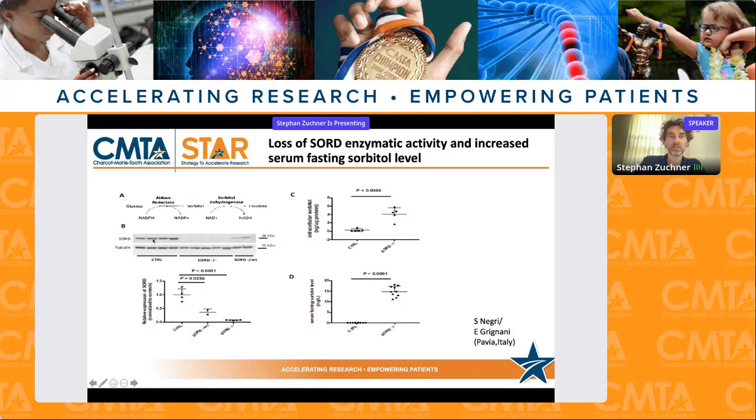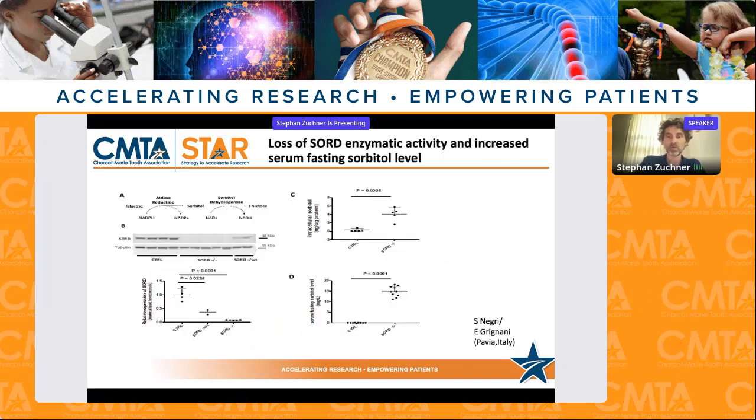And these are parents, they carry just 1, and you see they have something, but less. So with this experiment, we showed very clearly that these patients don't have the SORD enzyme. These mutations destroy this enzyme, okay?